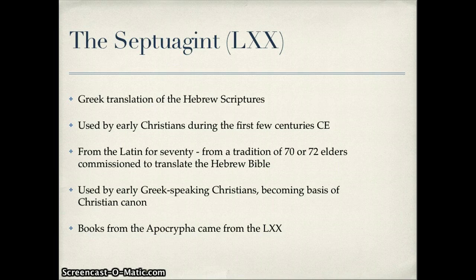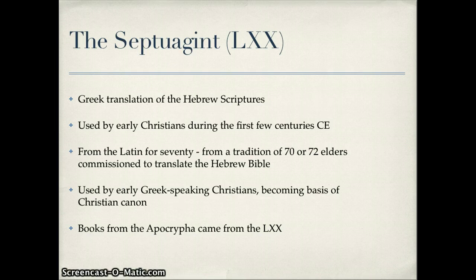And so specifically for the early Christians in the Greco-Roman Empire, that translation was used by them because Greek became the common language of the empire and Hebrew fell out of disuse.